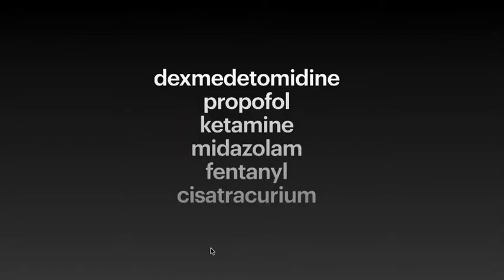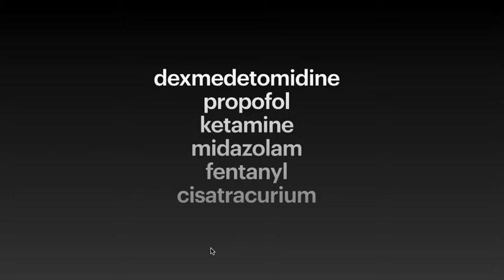So these are the medications. Most of you are familiar with propofol, and we're very familiar with ketamine. We take care of a lot of patients who are on both midazolam and fentanyl. So the two that we're less familiar with on this list are dexmedetomidine and cisatracurium.